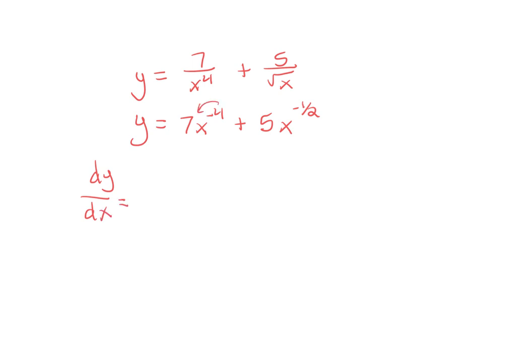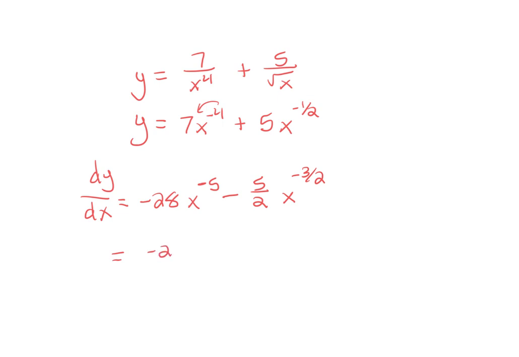Bring down, so negative 28x to the power of negative 5. Half of 5, so 5 halves, and then x to the power of negative 5 halves minus 5 halves, so x to the power of negative 3 over 2.